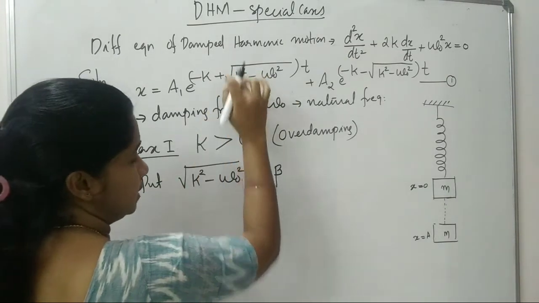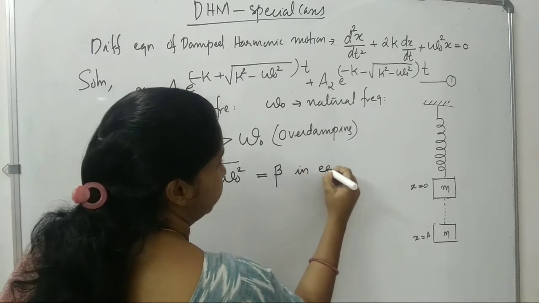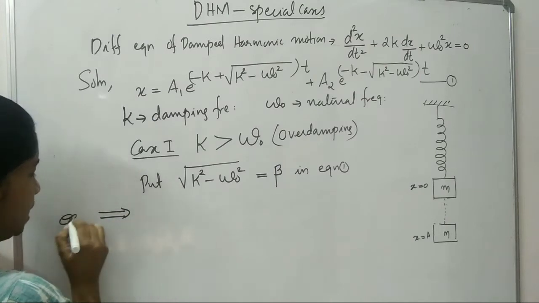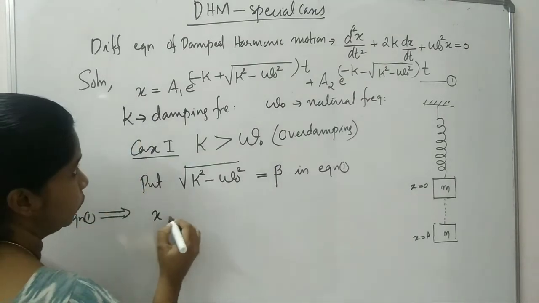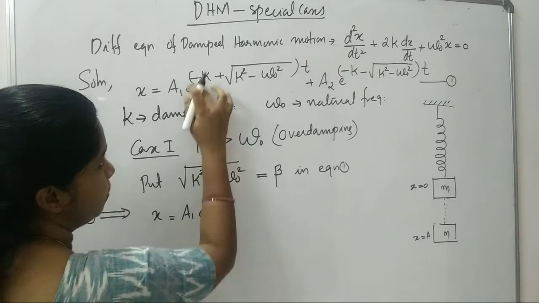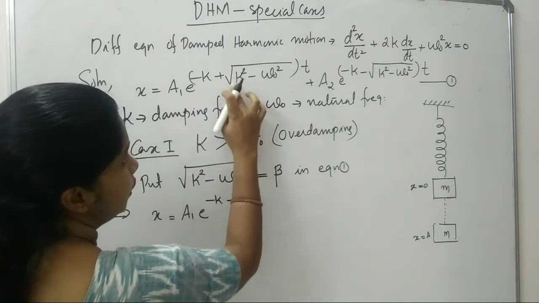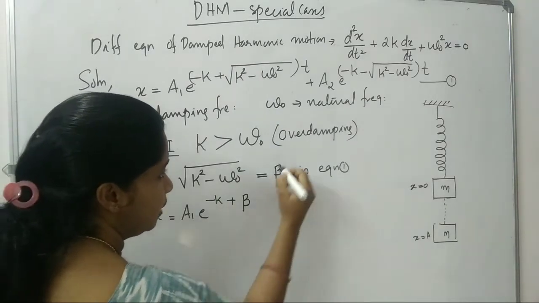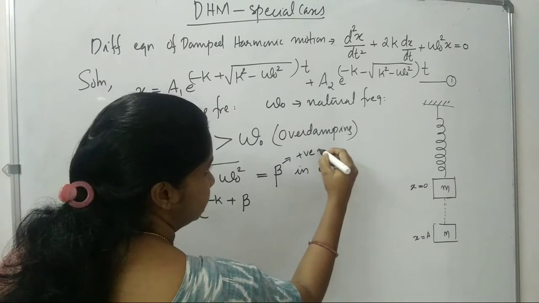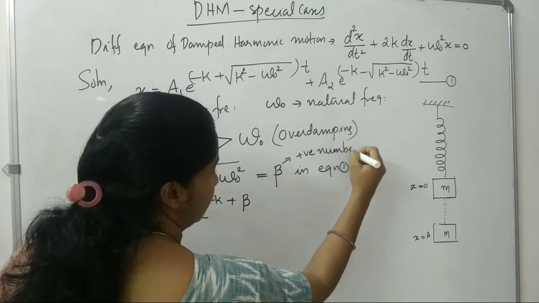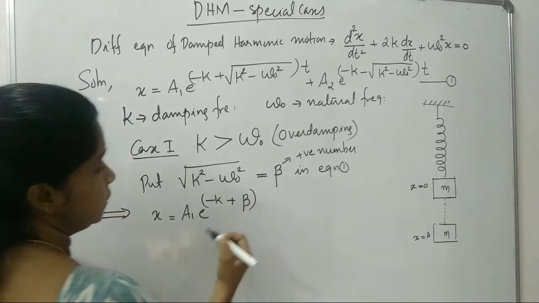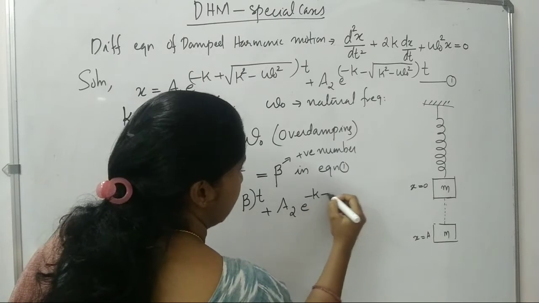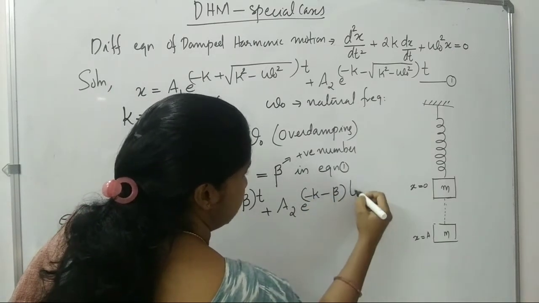Equation 1 becomes x = a1 e^(-(k + β) t) + a2 e^(-(k − β) t), where β = √(k² − ω0²) is a positive number.